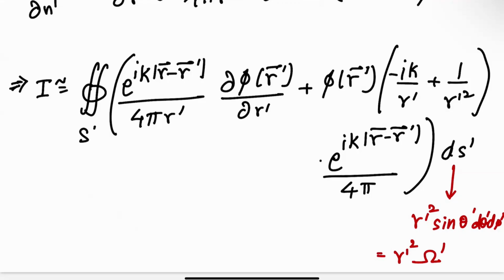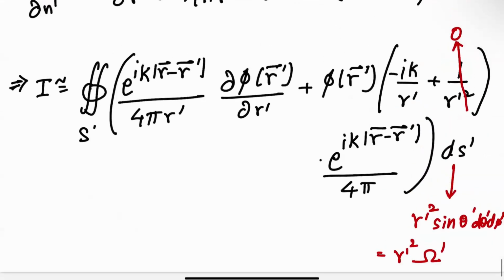One other approximation we make is that this term is negligible, because you have 1/r'^2 plus 1/r'. Compared to 1/r', when the surface goes to large distances, that second term goes to 0, so we can approximate that.